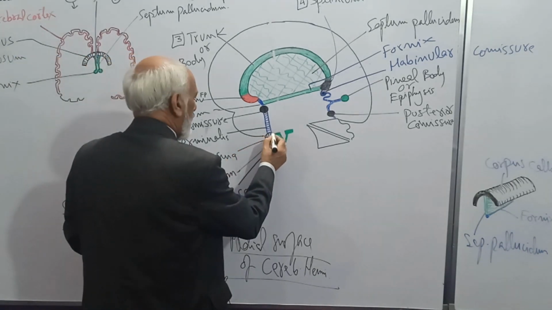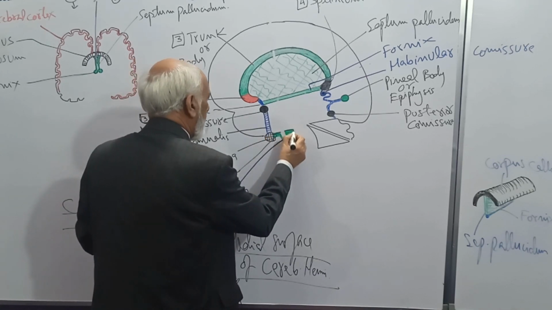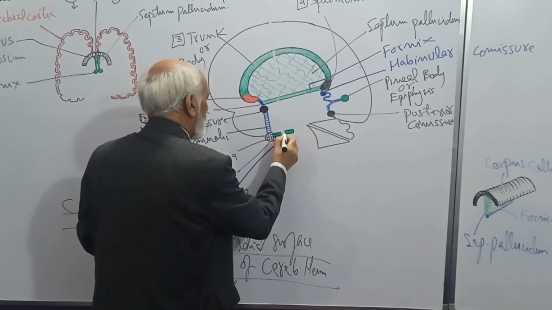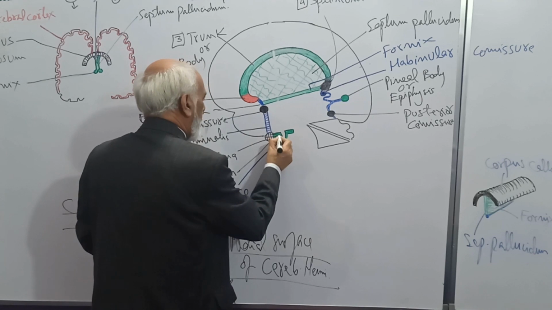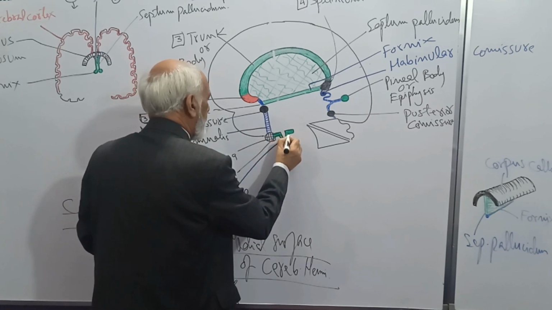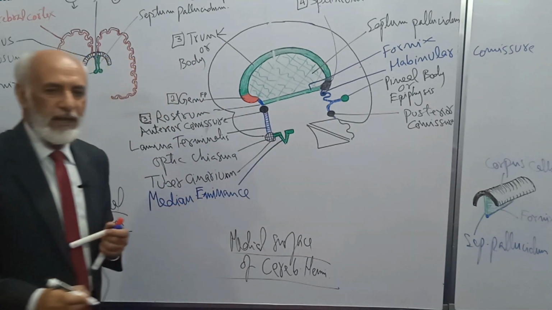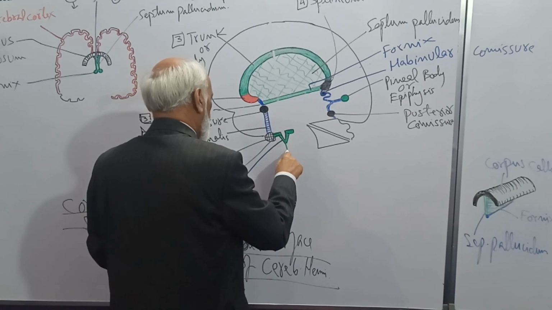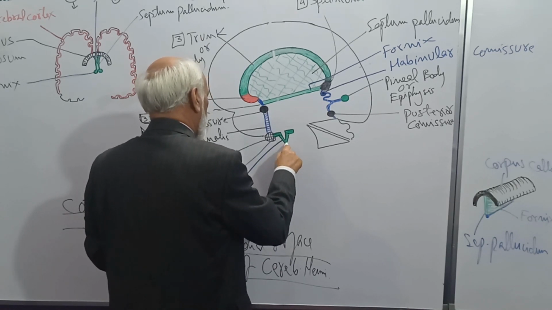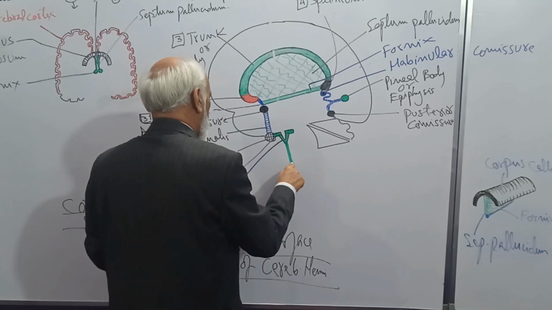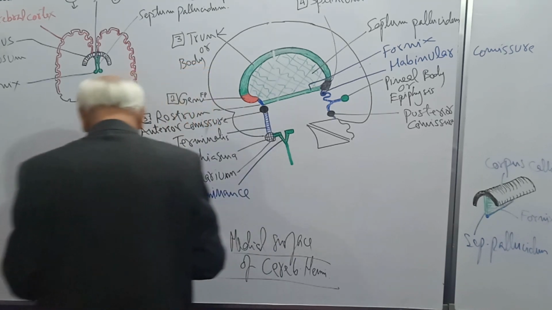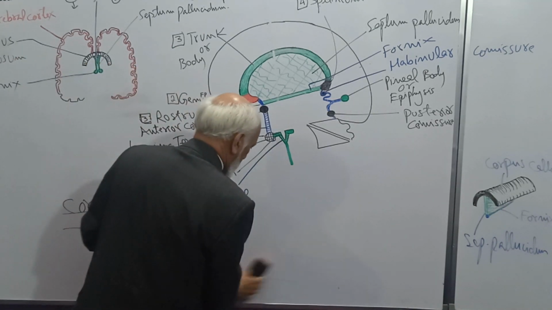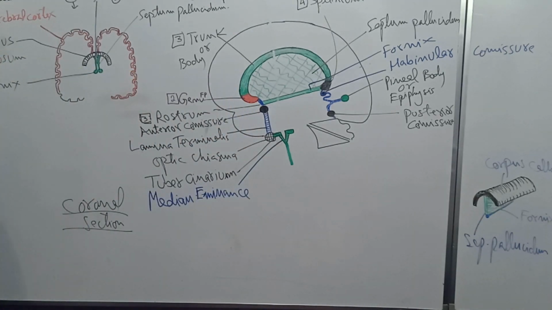You can see this layer of gray matter is known as the tuber cinereum, and this conical projection arising from tuber cinereum downwards is known as the median eminence, and the median eminence is continued downward as the infundibulum.